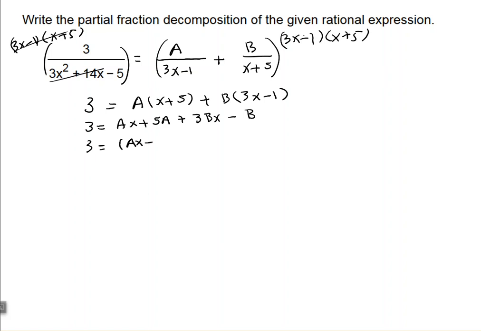So Ax plus 3Bx, because both of those terms have the variable x, and then plus 5A minus B, because they don't have the variable x at all. All right, now I did not have any x's on my left-hand side, so to add in that missing term, I'm going to say 0x plus 3.